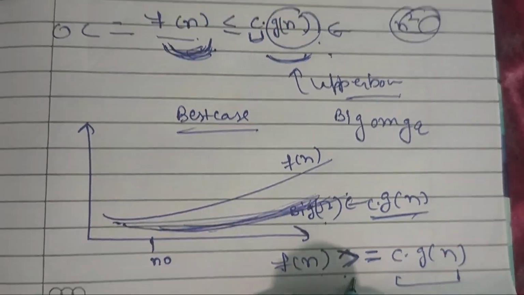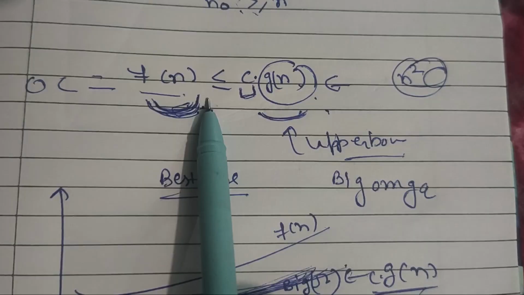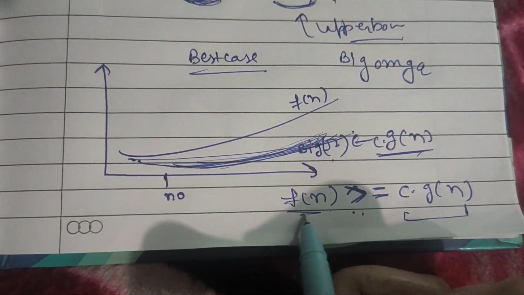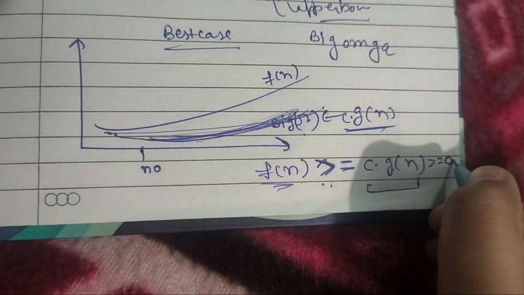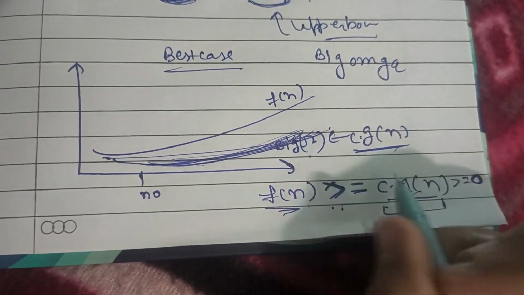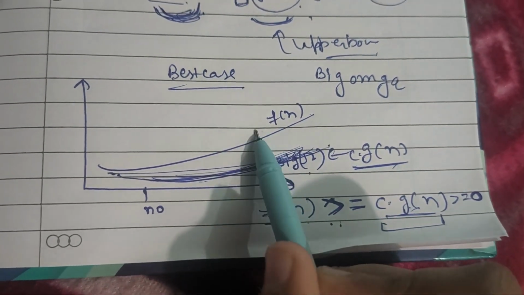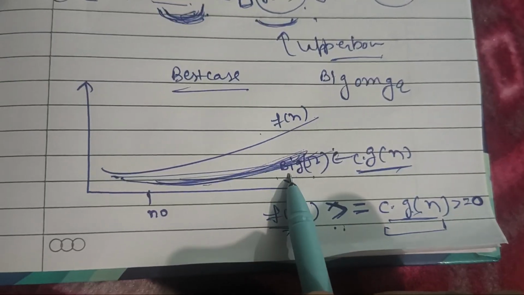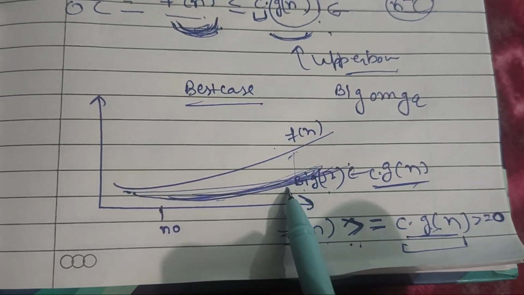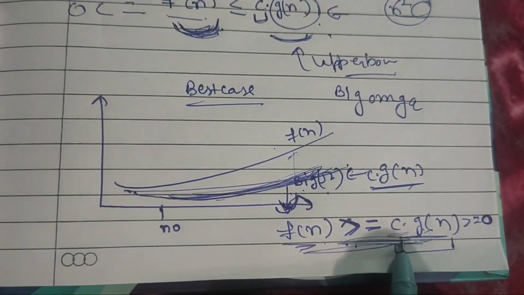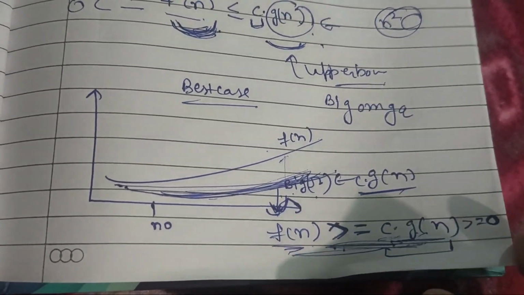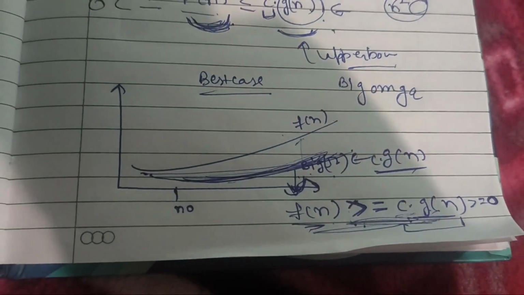If you see, this is exactly opposite of the above, and of course our c·g(n) will be greater than or equal to 0 because this is the lower value. Our f(n) can match it or will stay above it, but will never go below this value. And the third case, I guess you are good to go to calculate.